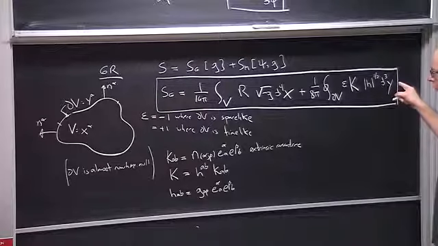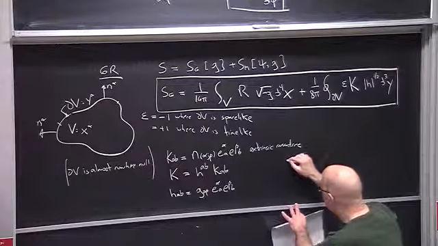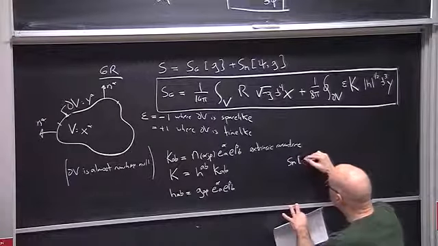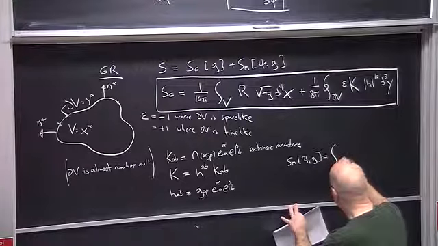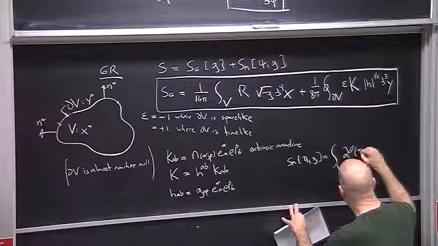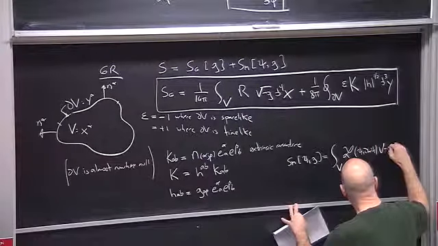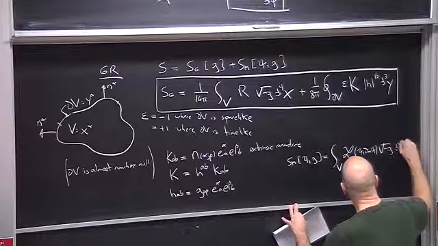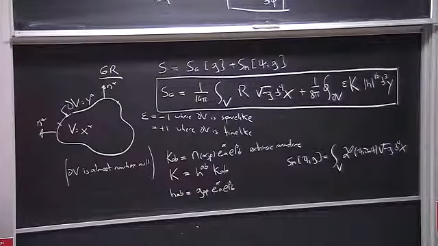Before I tell you a little bit more about this, let me just say that the matter action, which is a function of psi and g, is just going to be the usual integral over a Lagrangian density involving psi and its partial derivative. But it involves the metric because we have to integrate this covariantly over that region.